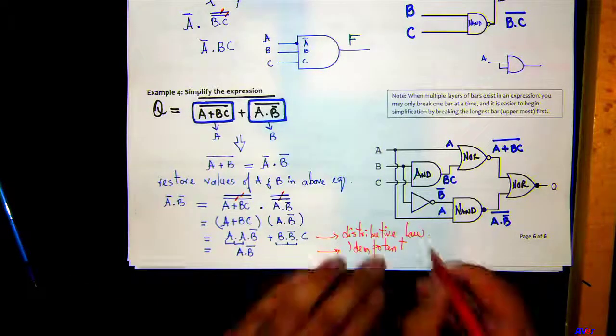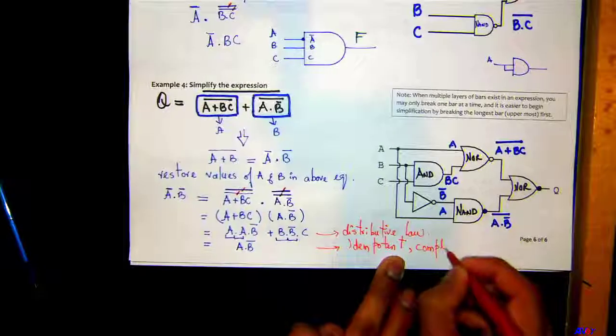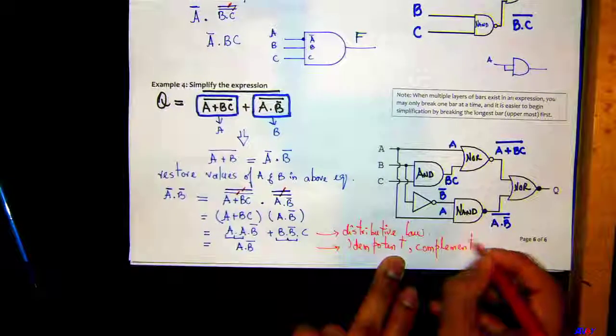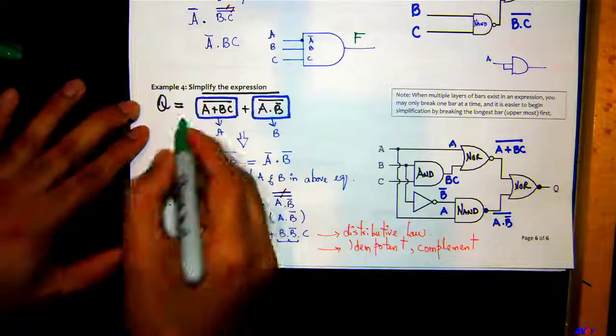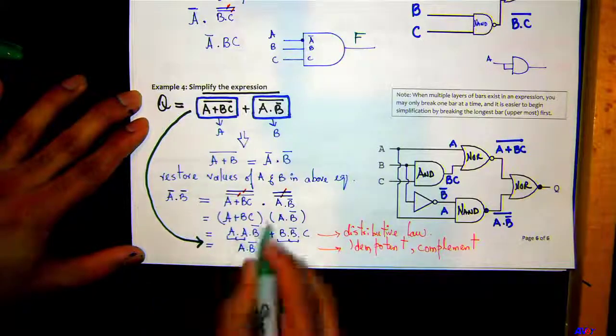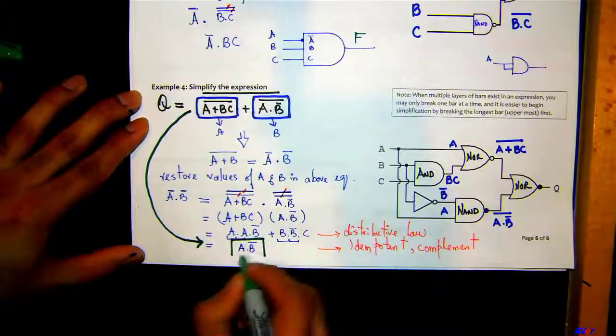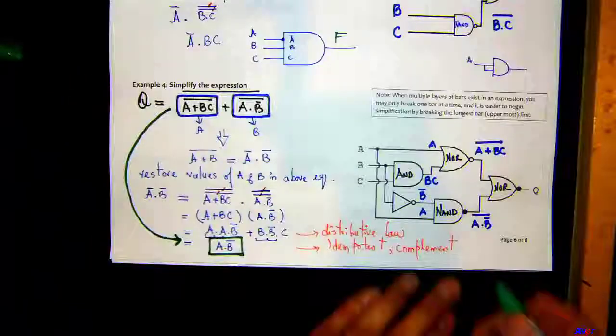Complement. Okay, so notice here, this complex equation is actually equivalent to A dot B bar, which is basically an AND gate and inverter.